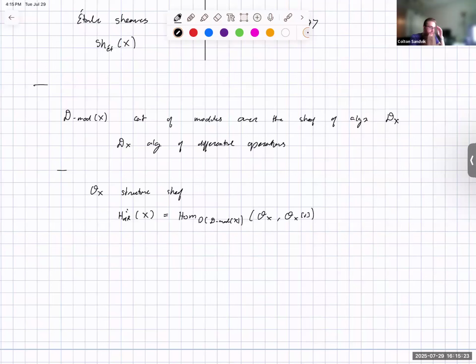And in some sense this is correct, because Riemann-Hilbert says that this is equivalent to the singular cohomology that we just did.